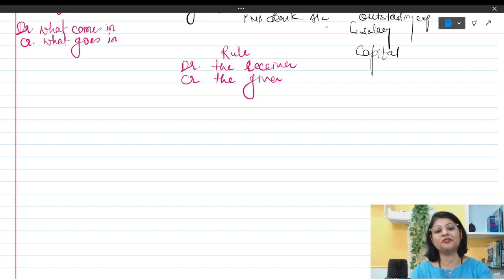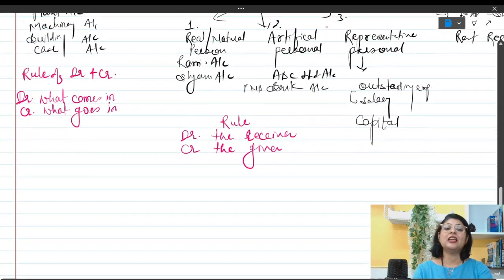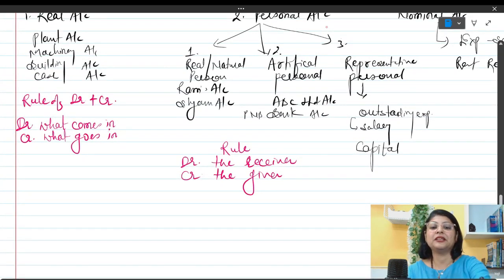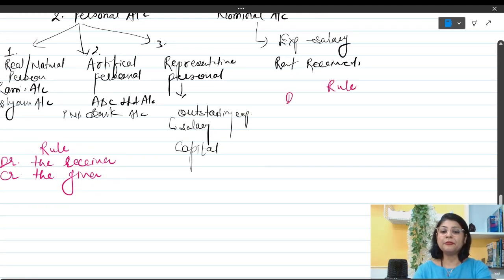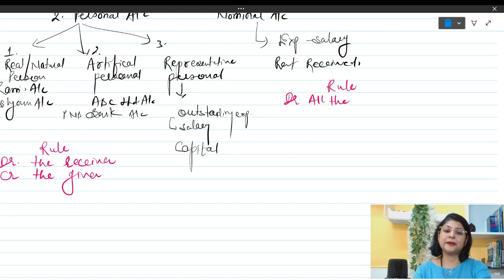The last type of account is our nominal account, where all the expenses and losses are recorded. The rule for this account is debit all the expenses and losses, and credit all the incomes and gains.